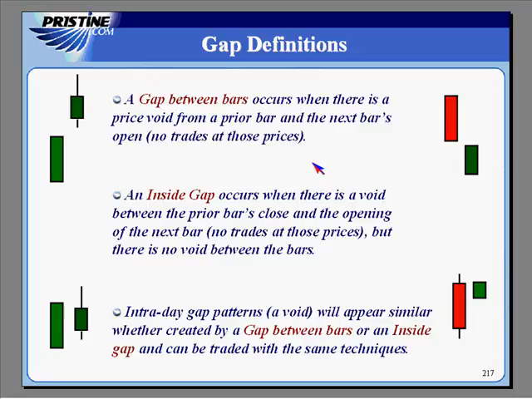We have gaps between bars, and gaps away from the current bar, which leaves a void between one bar and the other, or there are inside gaps, where prices gap from the prior day's closing price but stay inside the prior day's range. Those are the two ways prices can gap, and then we'll look within the bars to see how those intraday patterns formed.